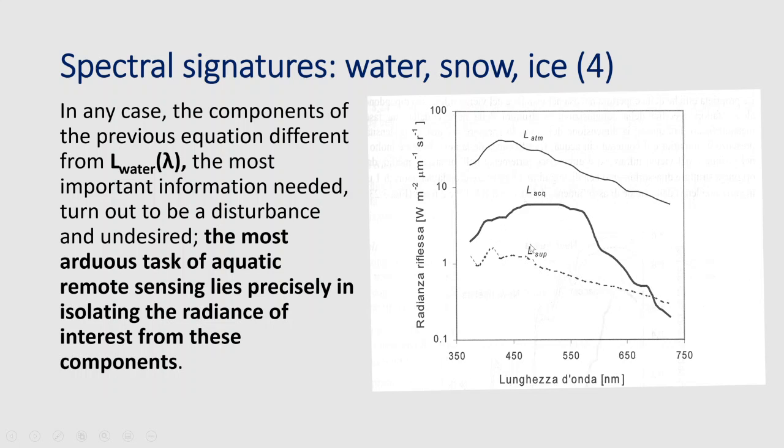So we need to try to isolate, of course, the L ATM, the radiance that is coming from scattering of the atmosphere, but you will see that this component could be easily isolated by the radiance that is coming from the sensor, while it will be more difficult to isolate these two components: the radiance that is coming from the inner of the water and the radiance that is coming only from the surface of the water. And this is something that is related in this diagram only for the visible part of the electromagnetic spectrum.